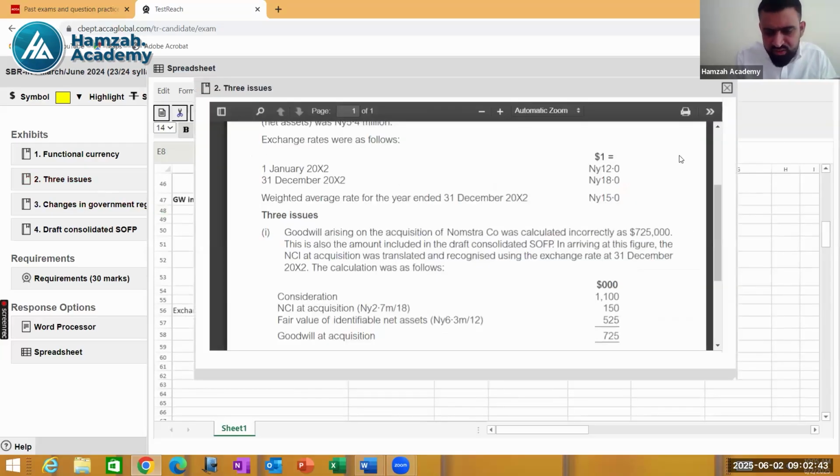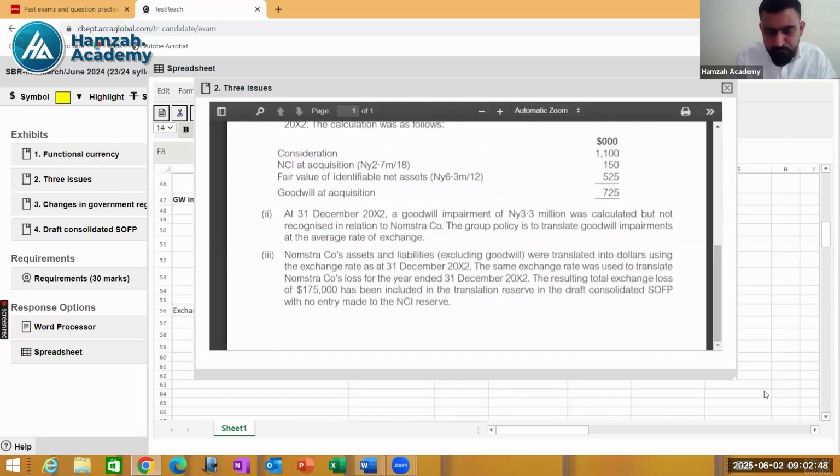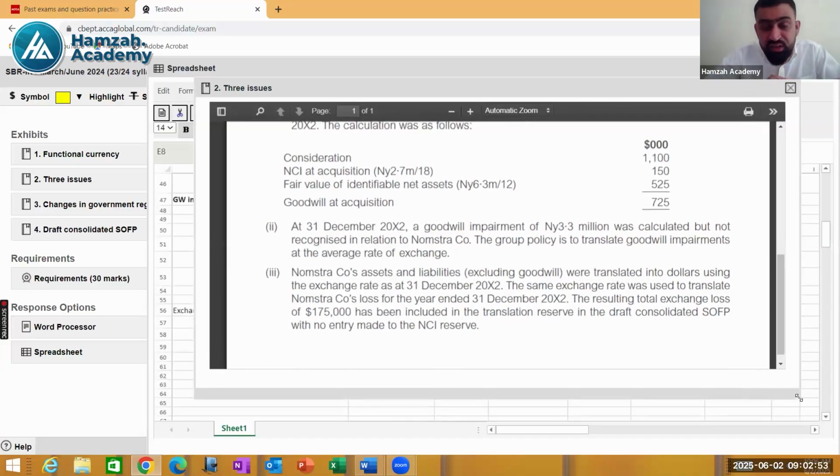Now coming to the third issue. The background of the third issue is that we do our exchange gain or loss analysis in which we translate opening net assets using the opening rate and then the closing net assets of the subsidiary using the closing rate, and we get the total movement in net assets.